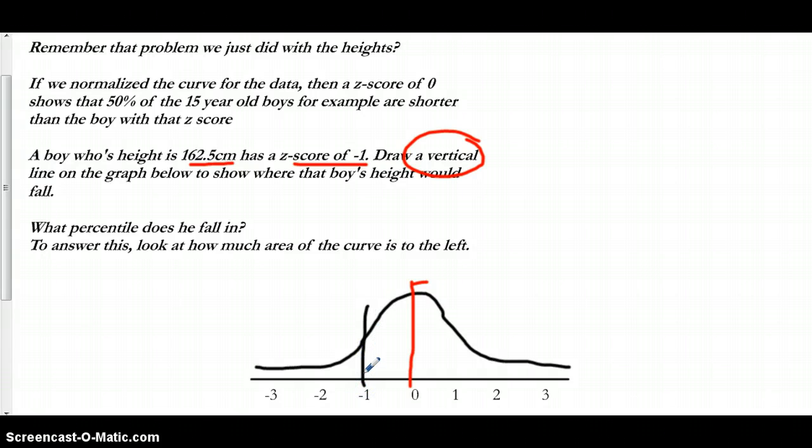So the area that is to the left here, it looks like it's less than 25%. It is actually 32%. So if you said 25, 20%, you're on the right track. It's a fairly small percentage. The amount of area that lies between a z-score of -1 and a z-score of 1 is 68%.